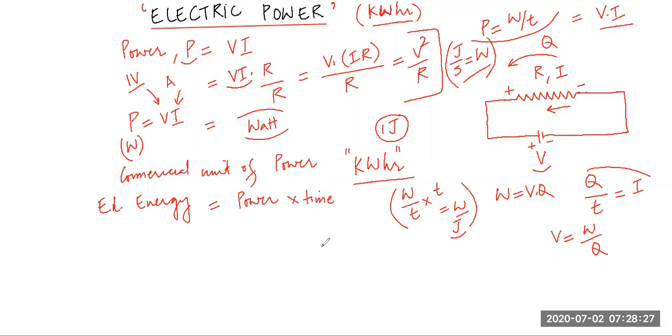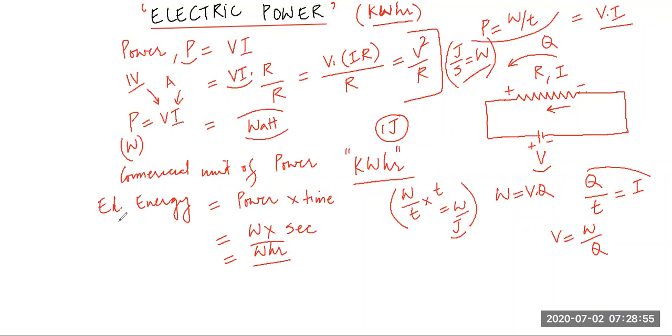Now, this can be equal to, in SI units, power's unit is watt into second, or a very small unit. So let's say watt hour. What is the meaning of watt hour? Watt hour is not power. Watt is power.